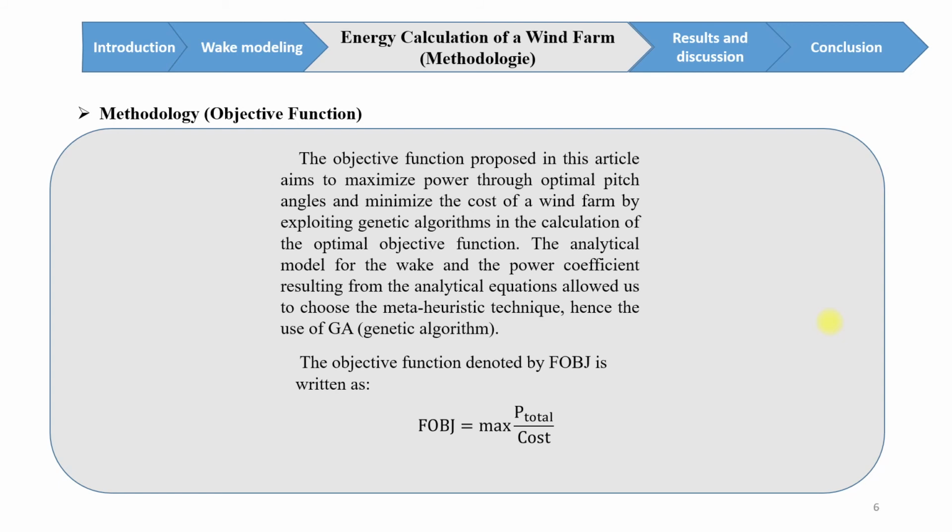Methodology, objective function. The objective function proposed in this article aims to maximize power through optimal pitch angles and minimize the cost of the wind farm by exploiting genetic algorithms. In the calculation of the optimal objective function, the analytical model for the wake and the power coefficient resulting from the analytical equation allowed us to use a meta-heuristic technique, hence the use of the genetic algorithm.